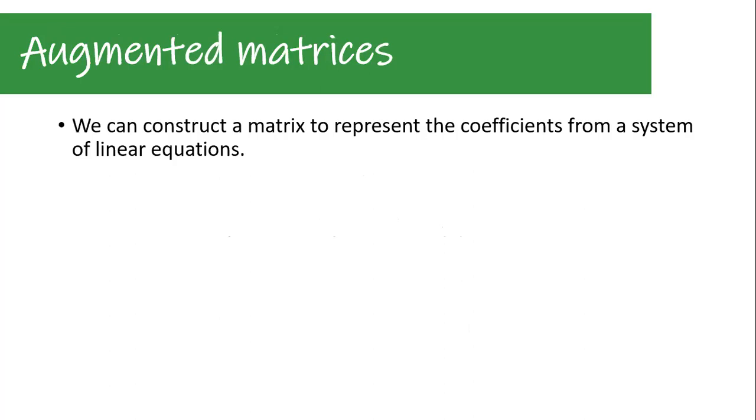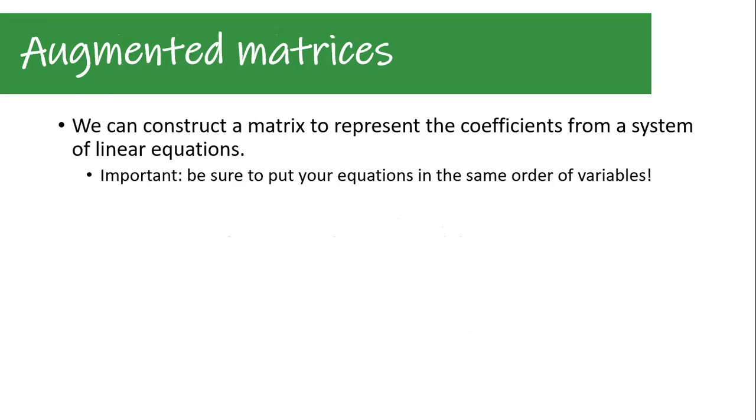Now, an augmented matrix is the matrix that we're going to use to represent our system of equations. So we're constructing a matrix to represent the coefficients from the system of linear equations. You want to make sure first that you're listing your equations in the same order of variables.